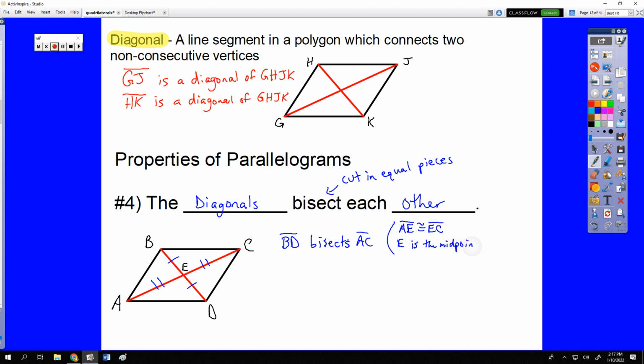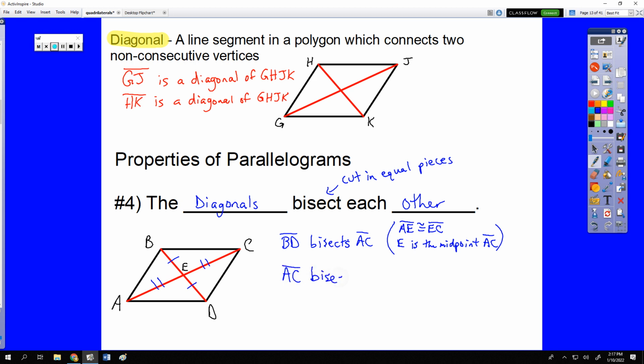So it's a very valuable tool in this mathematical process. It's telling us that BD is cutting AC exactly in half, meaning that AE and EC are congruent and that E is the midpoint. And the exact same thing can be said in the other direction.